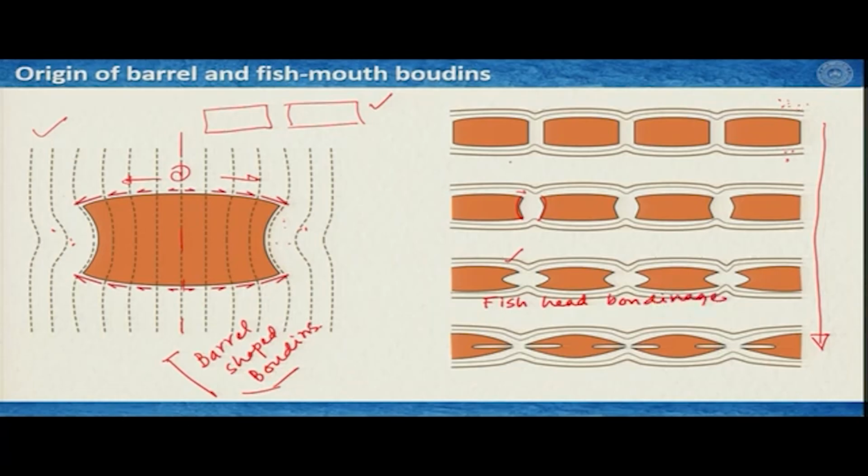So, here we had barrel shaped, and with progressive deformation during the post-boudinage plastic deformation, we arrive at the fish boudinage process. Now, this can further continue to develop into exactly the shape of lenticular boudinage, which we have learnt in the last lecture.